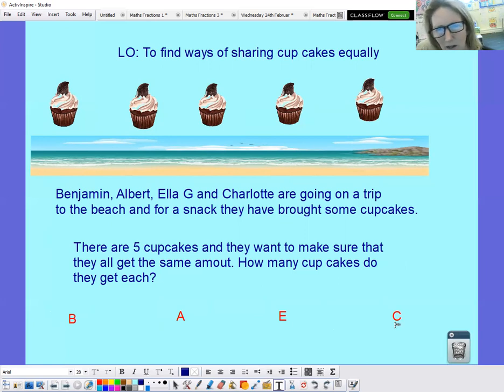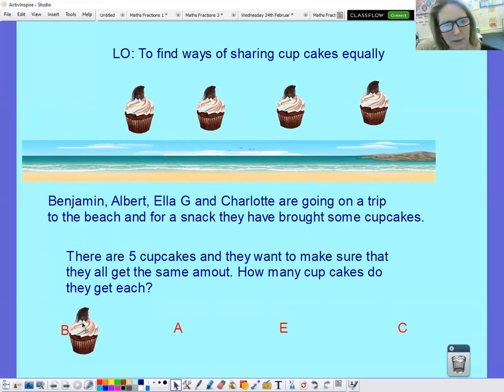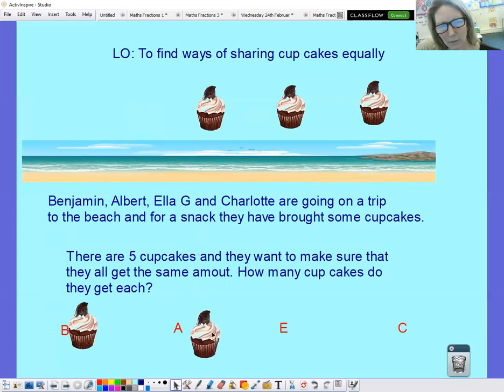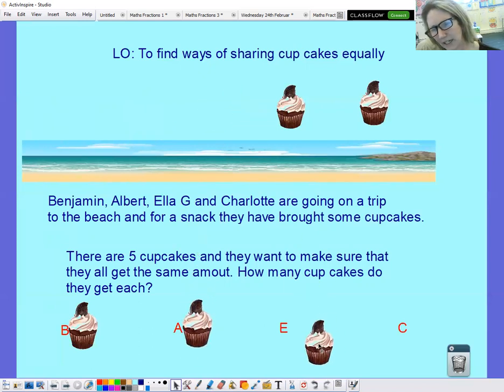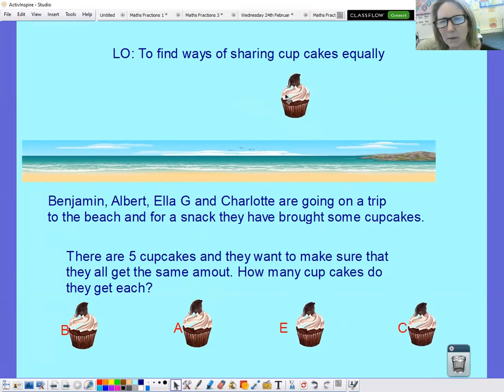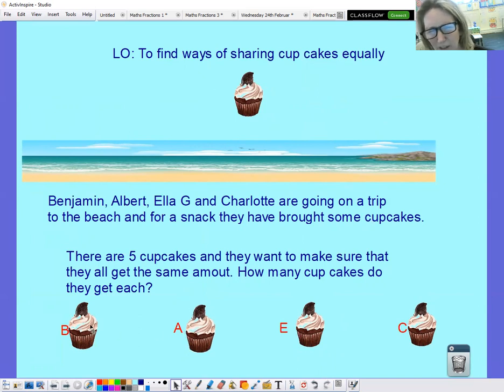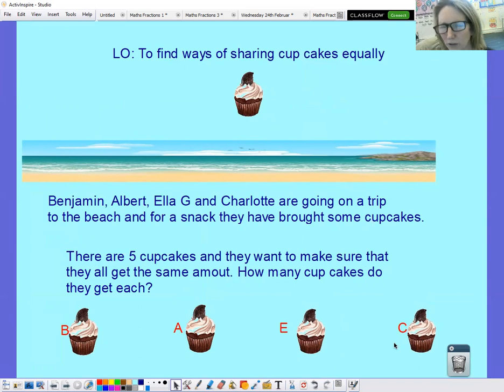So let's start showing them. We give 1 to Benjamin, 1 to Albert, 1 to Ella G and 1 to Charlotte. And how many are we left with? Well done, we're left with 1 cupcake. Now we need to share that 1 cupcake between the 4 children.